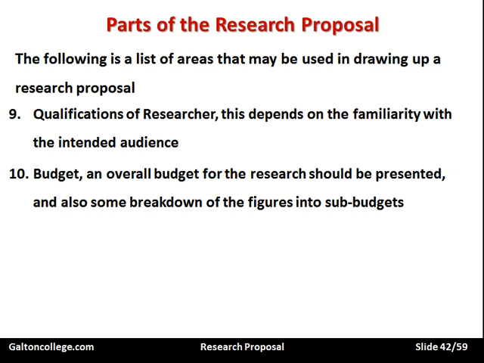If the budget was very small and yet the sample survey was very large and was collected randomly, then there may be a mismatch there. There may be something to inquire into. How could this happen? How could so many be interviewed on such a small budget? So the budget is a way of checking to see the extent of the research and how the research was conducted and how honest, if you like, the research is.